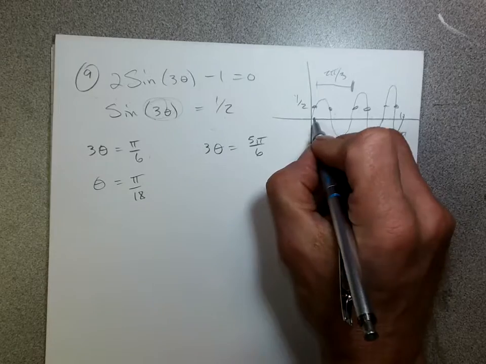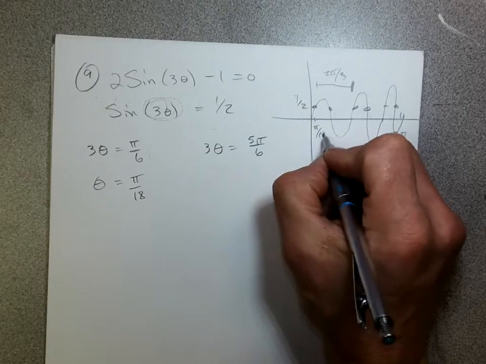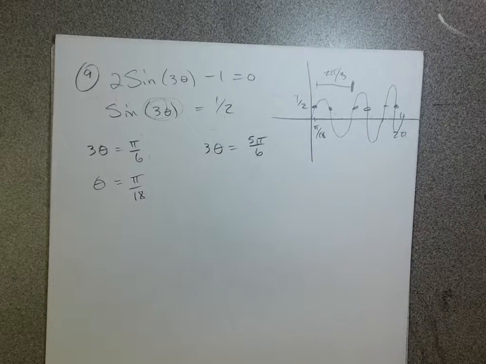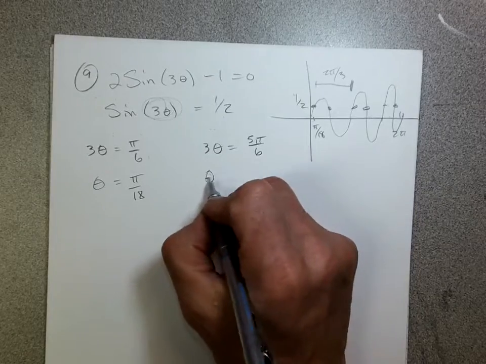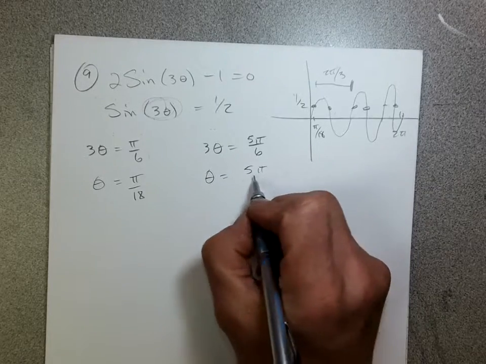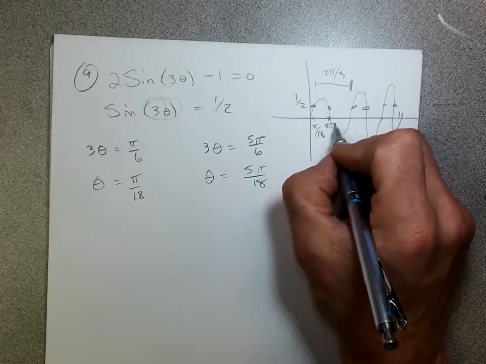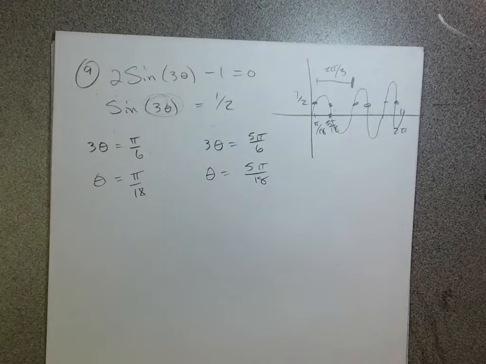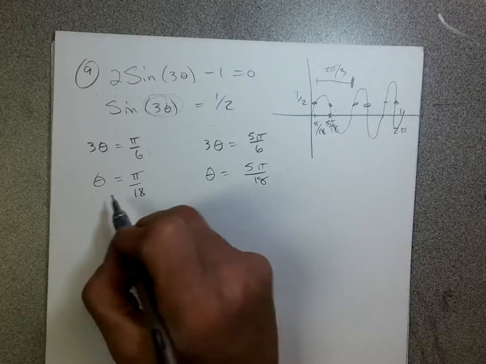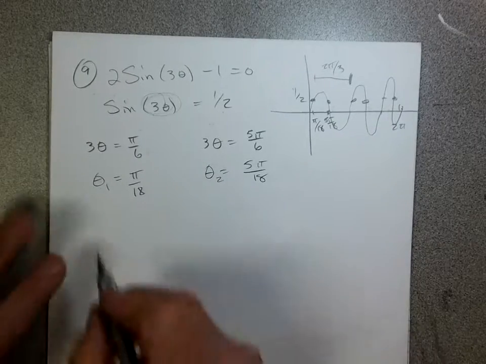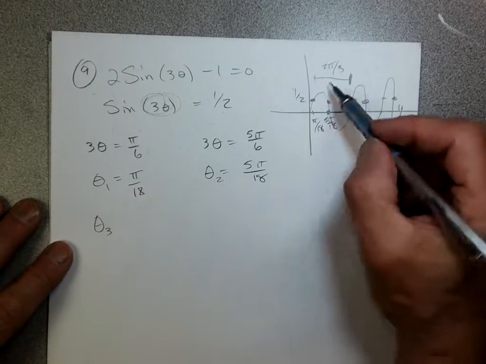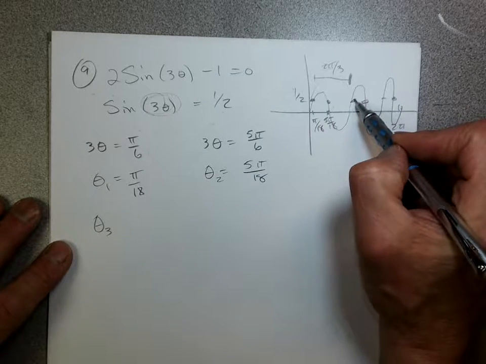Okay, so that's that first answer, pi 18ths, right? Divide by 3. Theta equals 5 pi 18ths. Okay, then that's that answer. That's 5 pi 18ths. So if I needed all 6 answers, okay, there's theta 1, there's theta 2. So if I need theta 3, I'm just going to jump ahead 2 pi thirds, right?